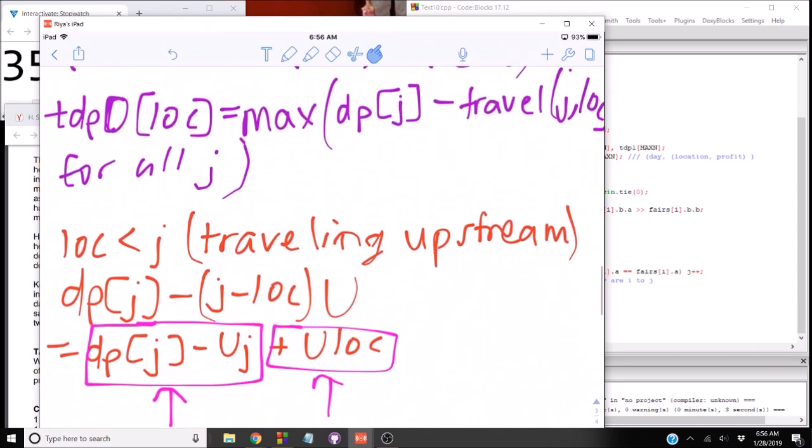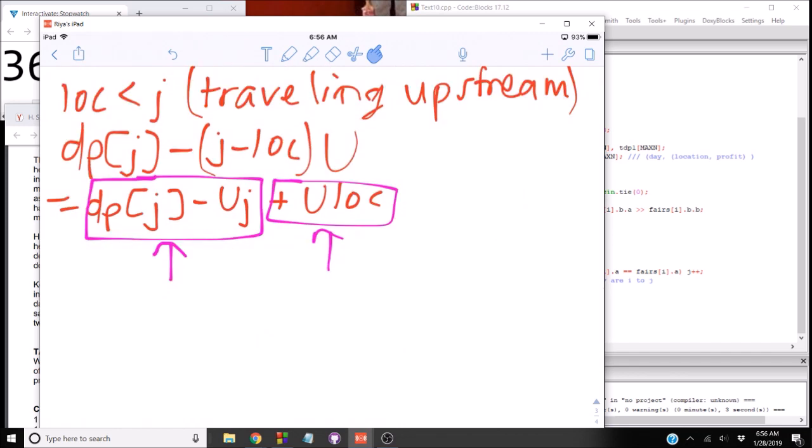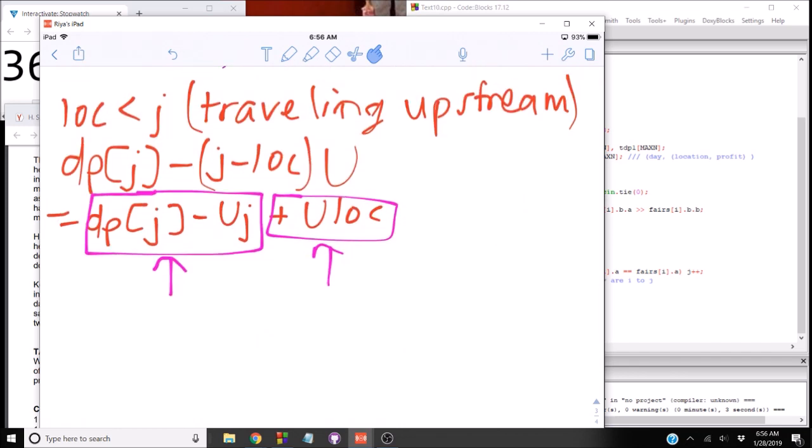TDP0 needs dp[j] minus u[j]. But if lock is greater than j, then it'll need dp[j]. Then it'll need something different, right?